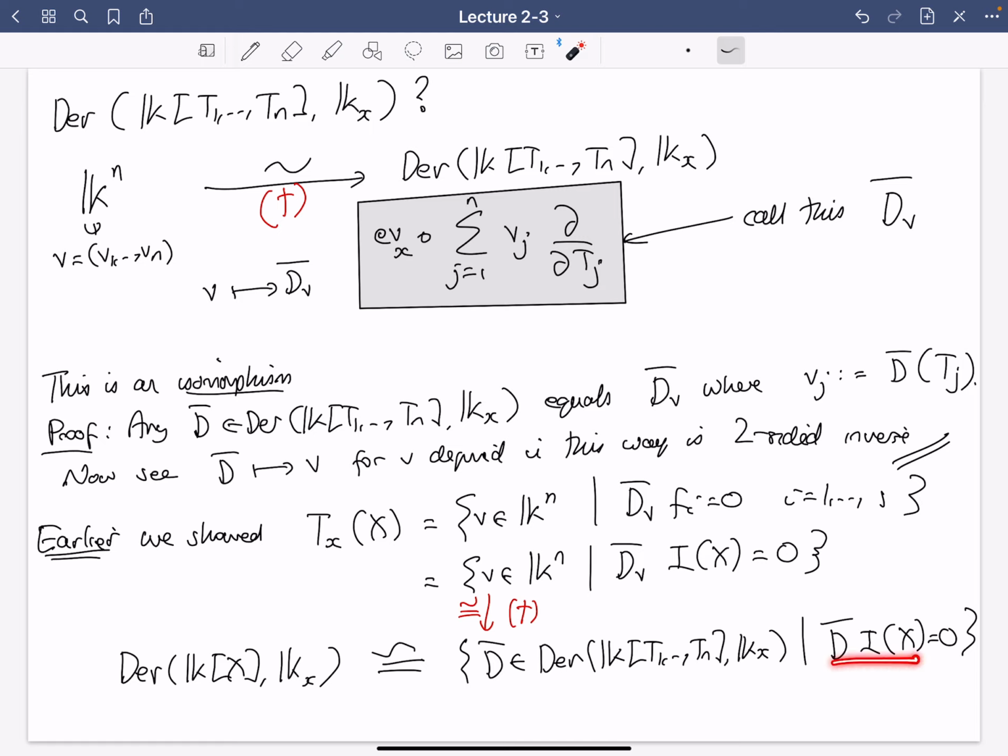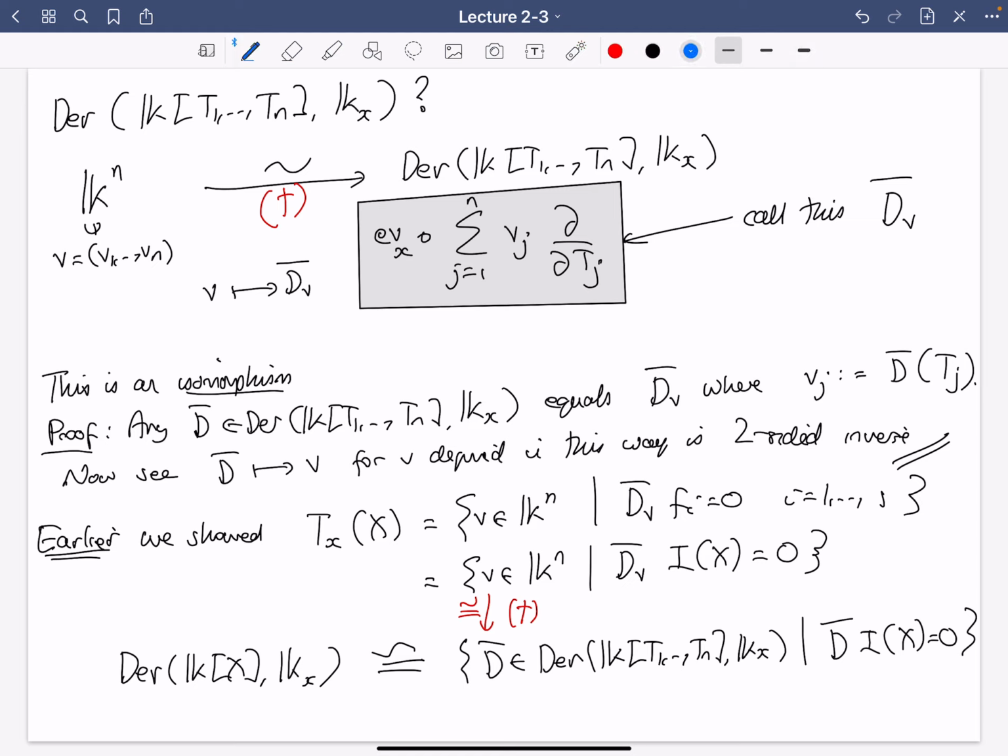If d bar kills I of x, it factors through the quotient, and that d bar induces an element downstairs. And conversely, if you have a point derivation downstairs, you can just pull it back through the surjective map from the polynomial algebra to k of x to get a d bar upstairs which kills I of x. So that's just the usual obvious isomorphism, because k of x is a quotient of the polynomial algebra.